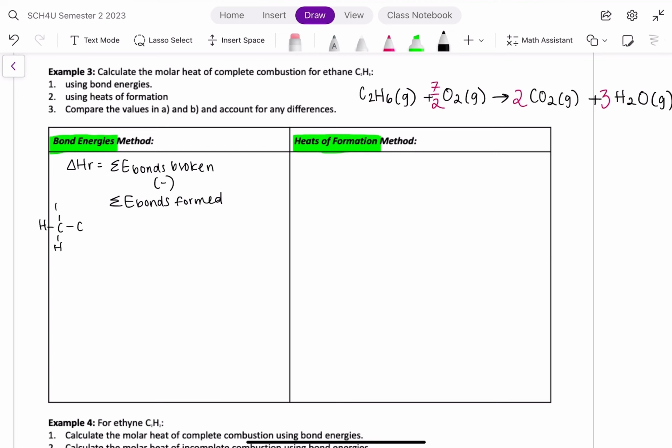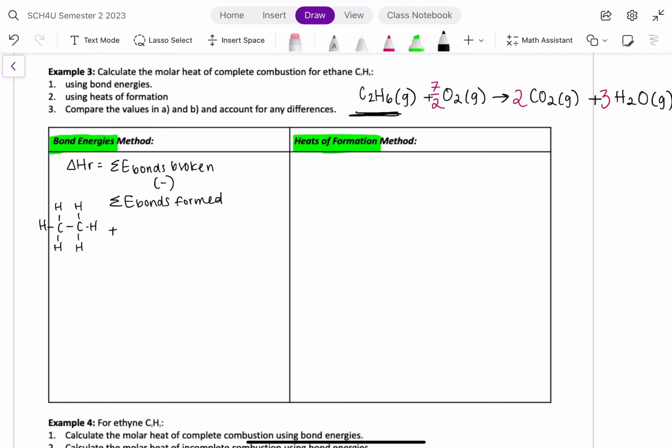Okay, so for ethane, this is what your Lewis structure looks like. Typically for your hydrocarbons, your carbons are always centrally located, and your H's are going to be the attachments on your carbon atoms.